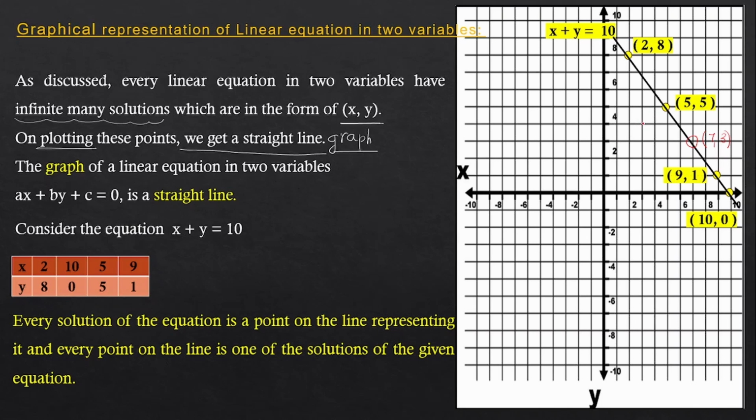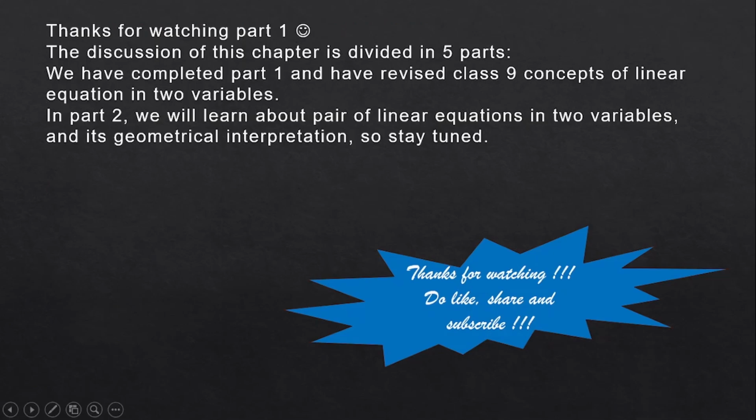If I pick up a point over here, let this point be 3 comma 4. Now this 3 comma 4 is not on the graph. And if I check, will it satisfy this equation? No, it will certainly not satisfy the given equation. So every point lying on the graph represents a solution for that particular equation. I hope you have understood till here.